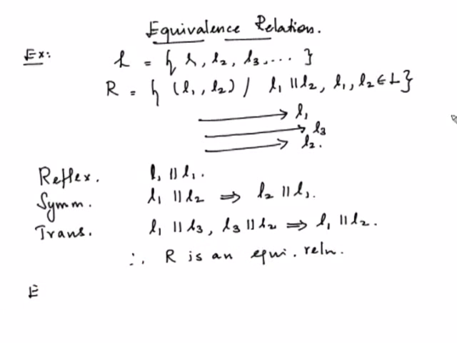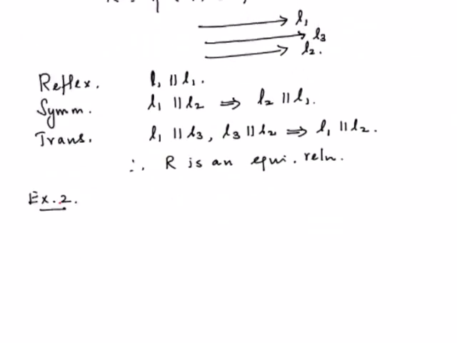Now, let us consider the second example. Let A be the set of all triangles.